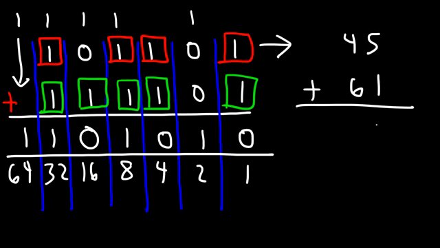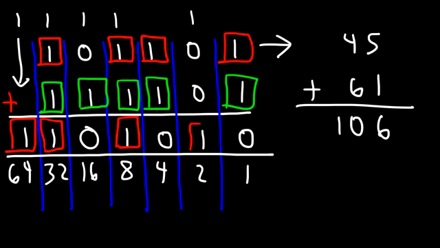Now 1 plus 5 is 6, 4 plus 6 is 10, so we get 106. Now we have a 64 plus a 32, so that's 96. 96 plus 8 is 104. 104 plus 2 is 106. And so our answer is indeed correct.